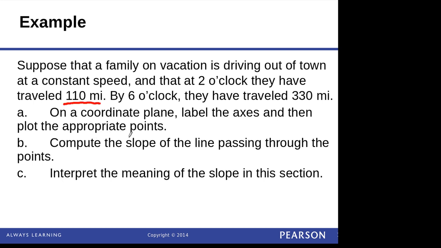I want to think of this as a y value and these as x values. I have two different variables I'm keeping track of, but I want to think of a y value and an x value.